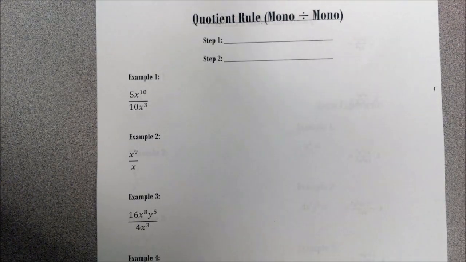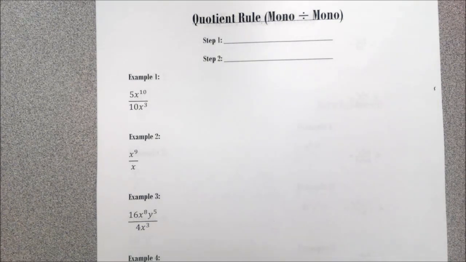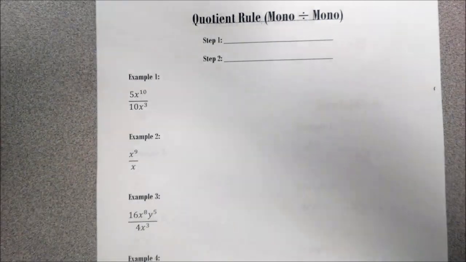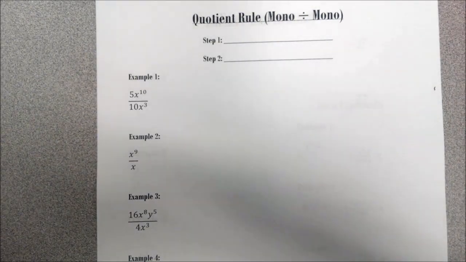What's up, guys? So we have just a couple more exponent rules to go through, and the first ones we're going to go through are exponent rules we already have looked at before. We know we did multiplying, so now we're going to look at how to divide. What do we do when we are dividing exponents?